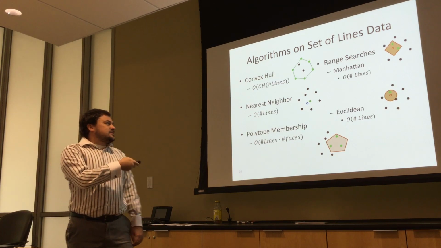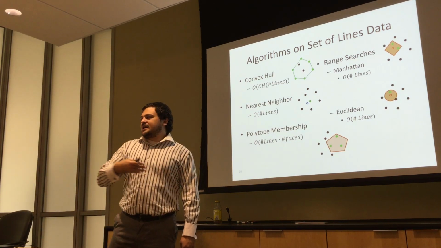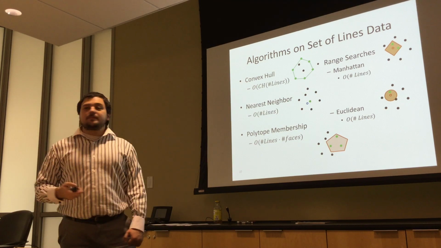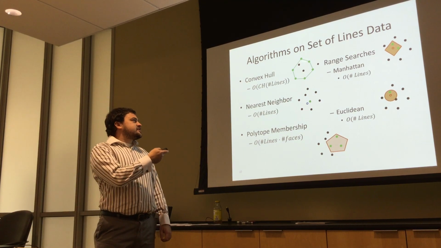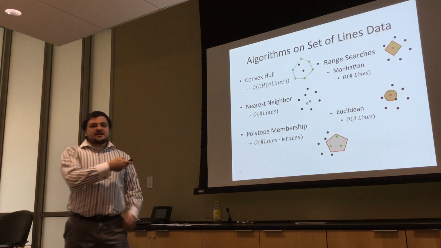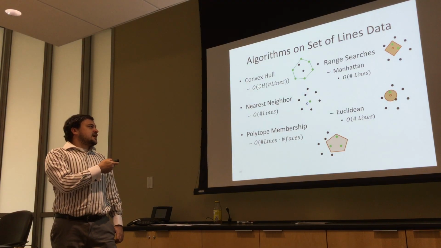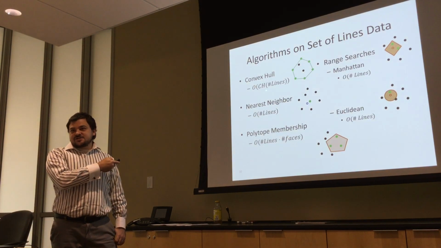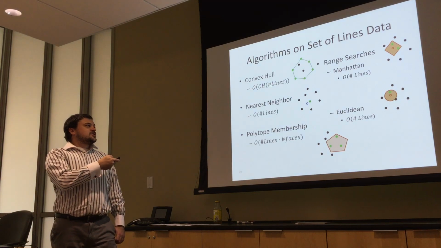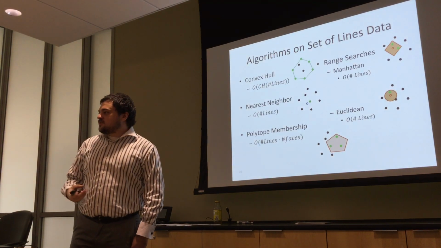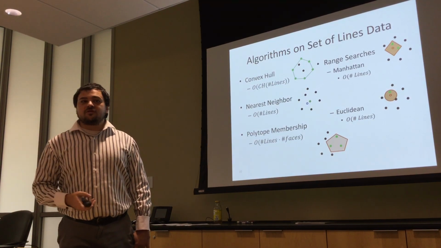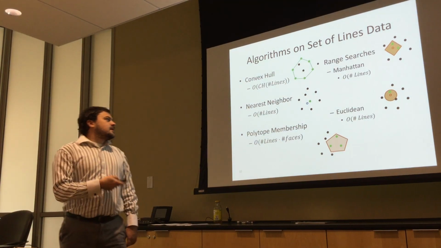So here's a list of algorithms which I solve in a compression-aware manner. The first one is convex hull, and the runtime of this is going to be the runtime of any out-of-the-box convex hull algorithm, except in terms of the number of lines in the compressed point set rather than the number of points in the raw data set.